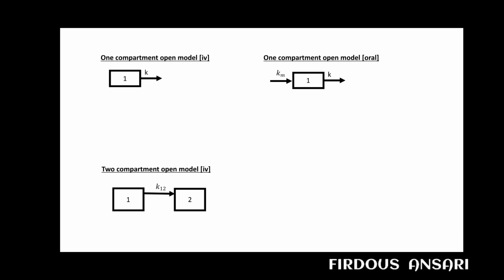Now the drug from the second compartment, if it needs to get eliminated, should move back to the first compartment. So the rate constant for the movement of the drug from compartment number 2 to compartment number 1, or you can say from the peripheral compartment to the central compartment, is K21. Next, after moving to the first compartment, the drug will get eliminated, so we need to calculate the elimination rate constant.